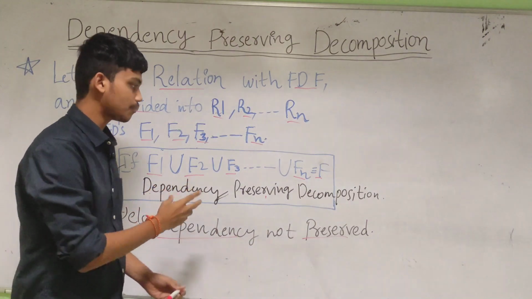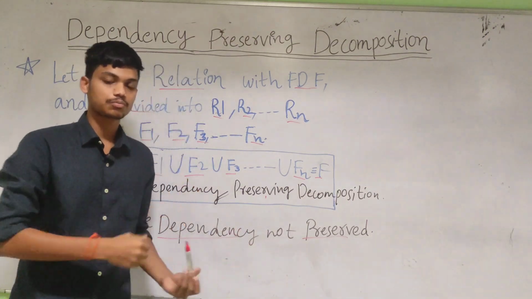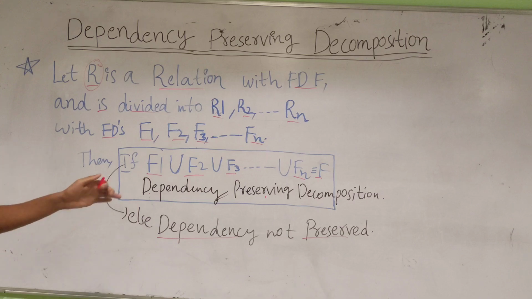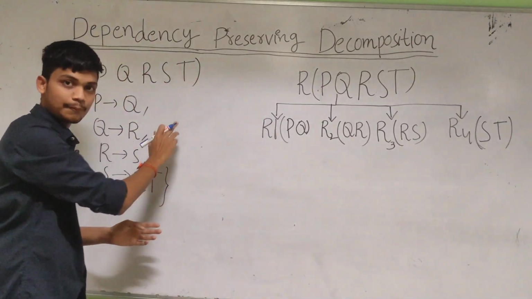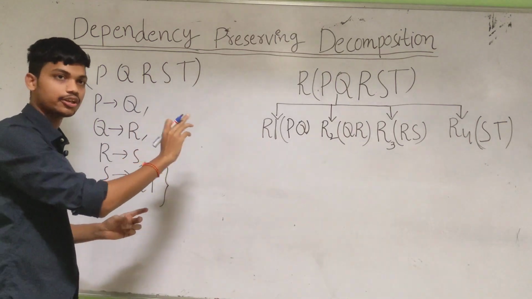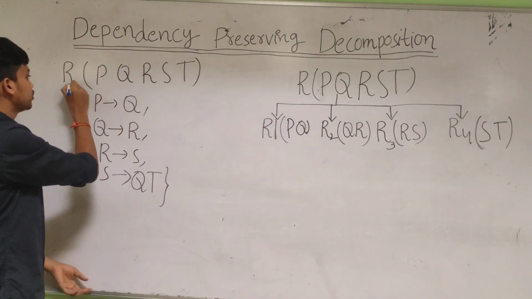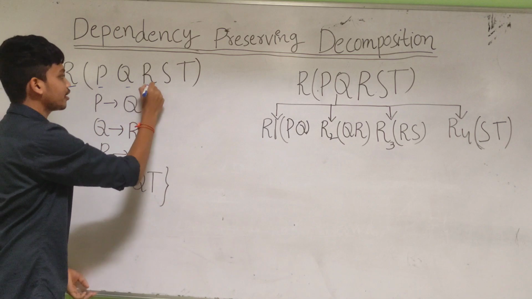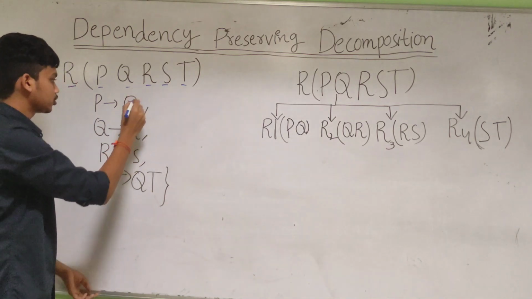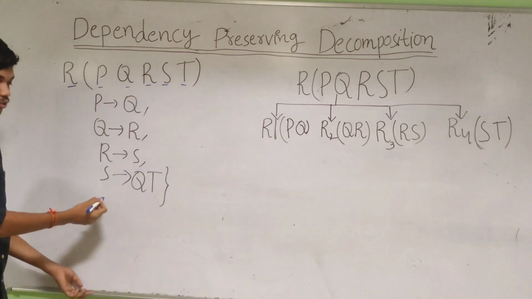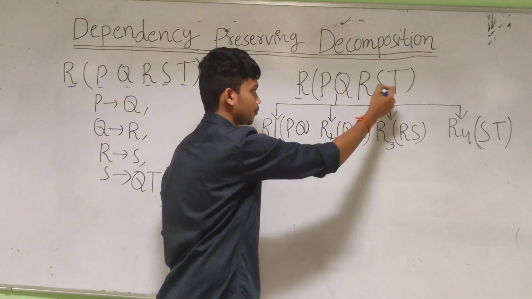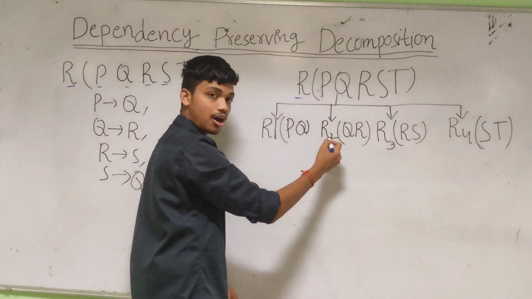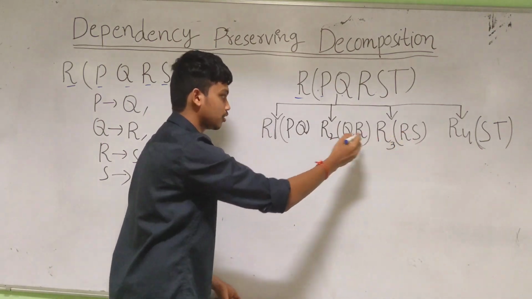Now we are going to take an example so we can understand this concept. Note it down. With this example we can understand what dependency preserving decomposition is. R is a relation, and P, Q, R, S, T are the attributes of R. Functional dependencies are given here, you can observe, and the question is that R of PQRST is decomposed into R1, R2, R3, R4, 4 tables.